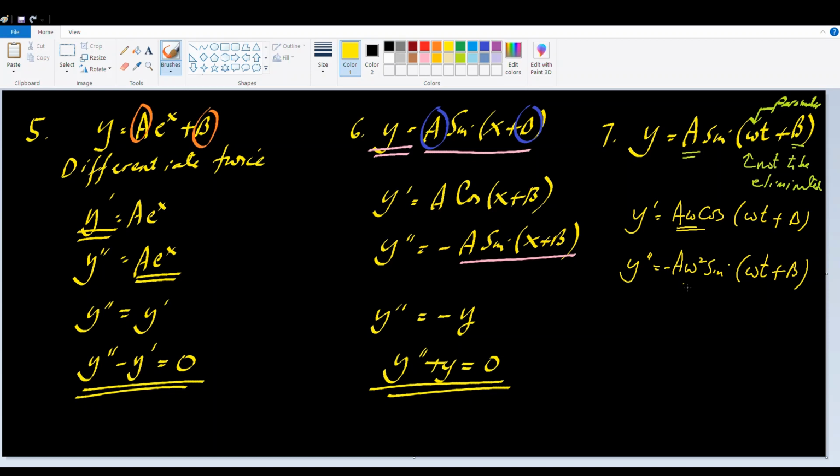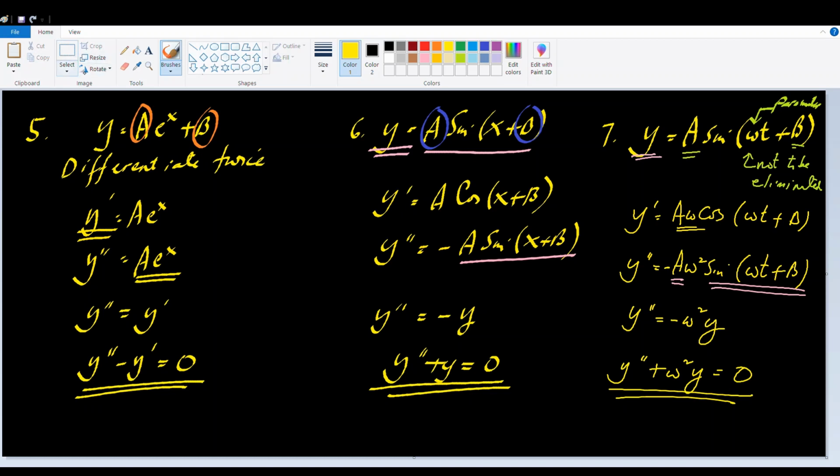And we see that a sine omega t plus b is exactly equal to y. So we write this as y double prime equal to negative omega squared times a sine omega t plus b, which is our y.